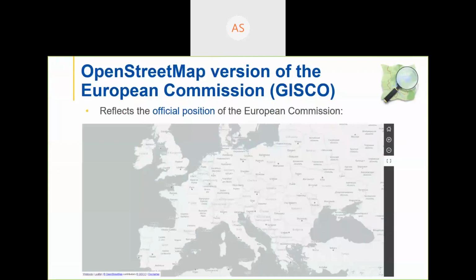Yes, Marco, there's also the European Commission, which has a flavor of OpenStreetMap reflecting its official position, for example on some specific boundaries between states that in OpenStreetMap are mapped in a certain way, and the European Commission slightly modified because of official positions between countries.